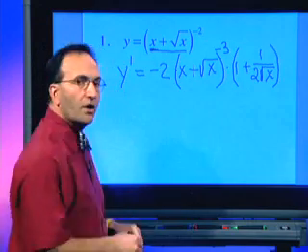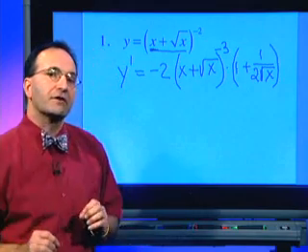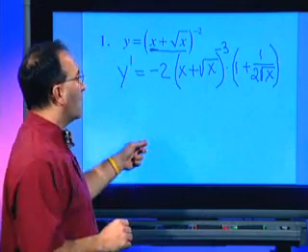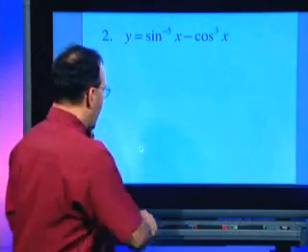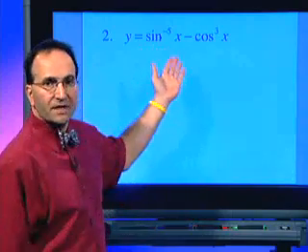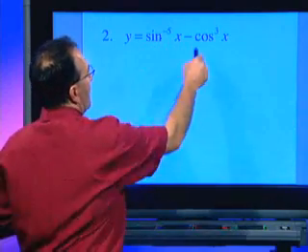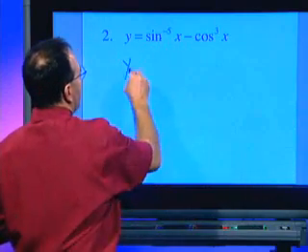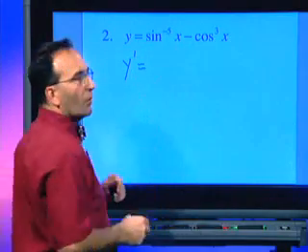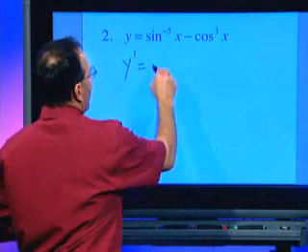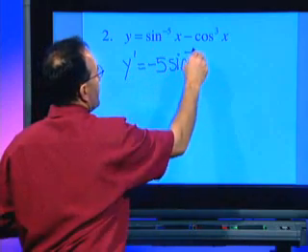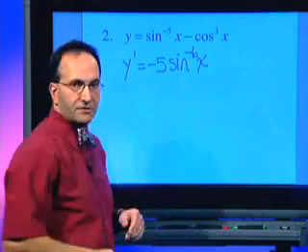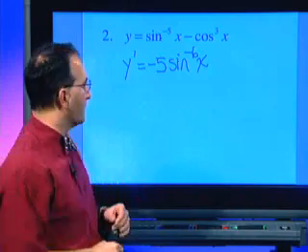Now let's take a look at the one that had trig functions in it and apply the chain rule to that. So we have y equals sine to the -5 of x minus cosine cubed x. So y prime is going to be the -5 times sine to the -6 of x, subtracting 1 from the power.